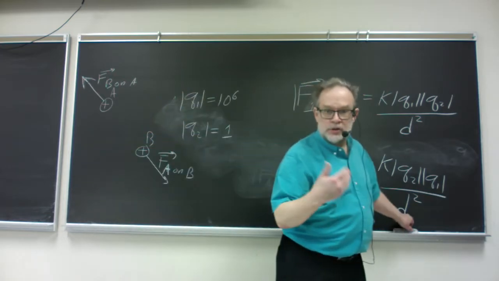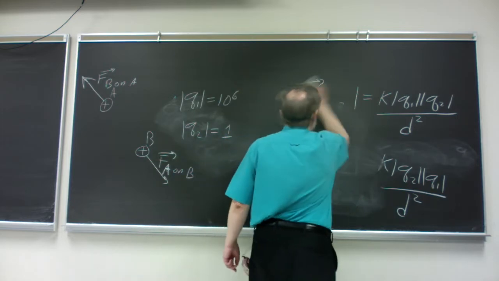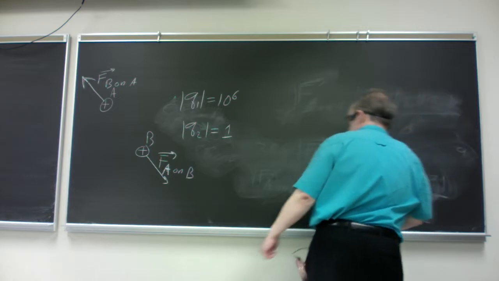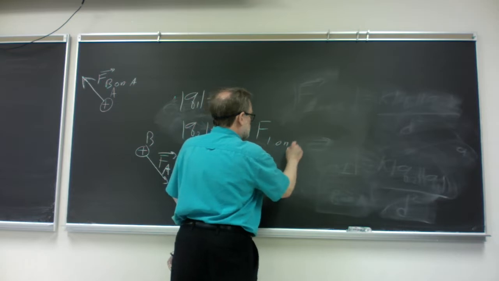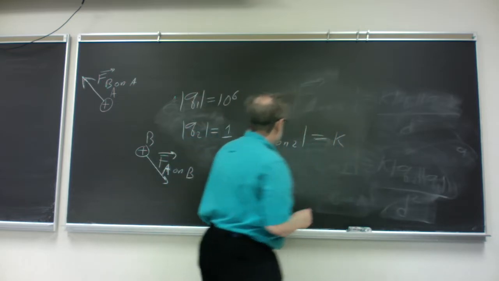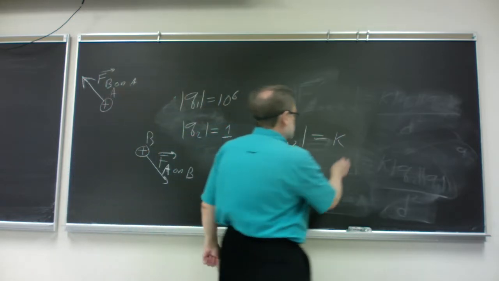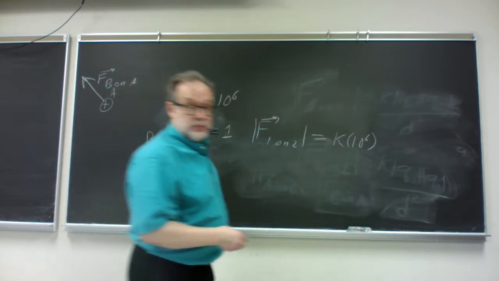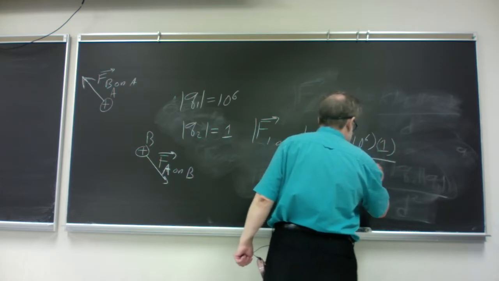But even in an extreme difference like that, the force from 1 on 2 will be K, magnitude of that charge, which is a million, times magnitude of the other charge, which is 1, over square of the distance.